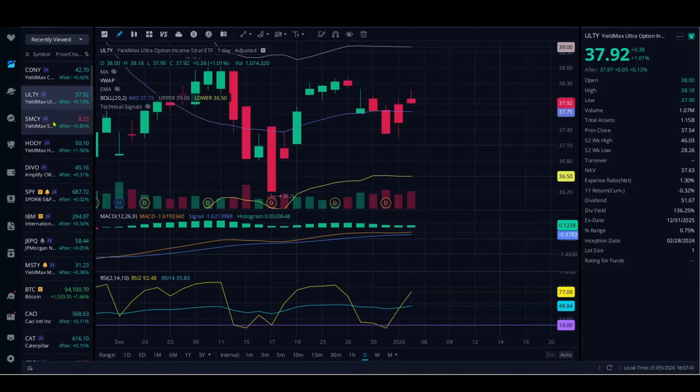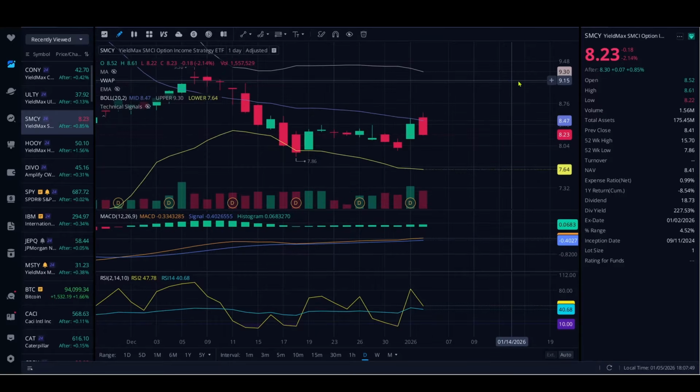And how about SMCY? Now look at SMCY. We actually are on the bottom half of that Bollinger Band. Now, it did ride through that midpoint, and I'd prefer that candle to live underneath that midpoint of the Bollinger Band, and otherwise to open and close under it, and to be a red candle.